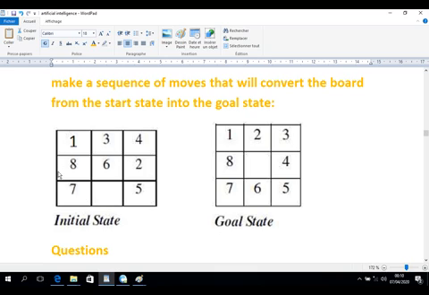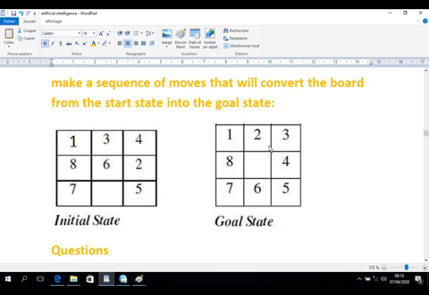So there are 4 possible moves: up, that is, move the blank space up, and we have down, left and right. The aim of the game is to make a sequence of moves that will convert the board from the start state into the goal state.